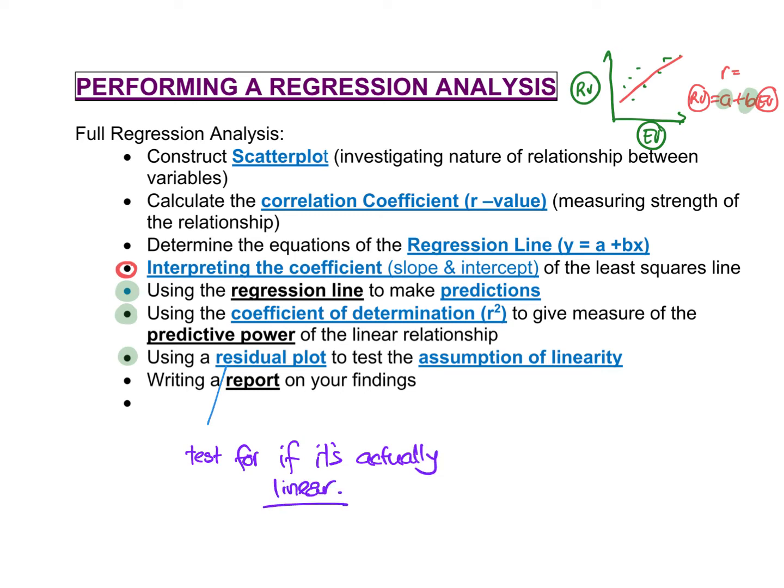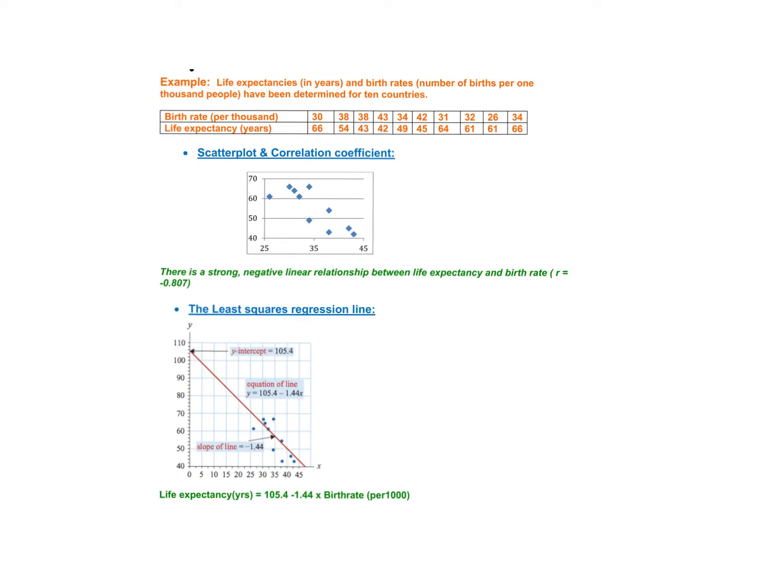This residual plot is a test for that, and I'll show you how to do it. Then they say we're going to write a whole report. It just means you'll write dot points, but you never write a whole report in your exam. You just do those individual interpretations, and I'm pretty sure the stack's pretty similar too, but I'll show you how to do it anyway. All right, so we're going to have a look at this example here.